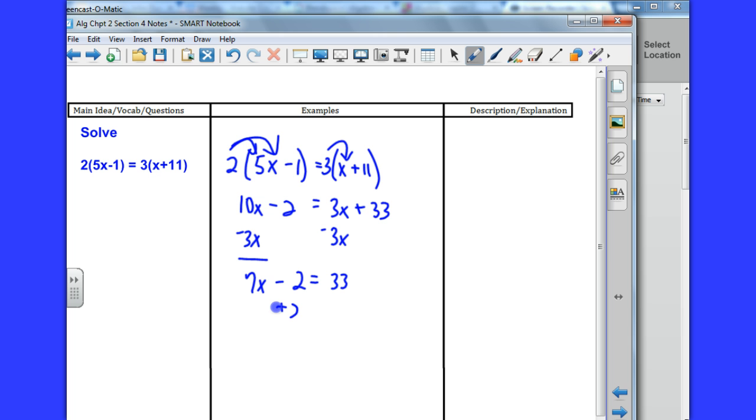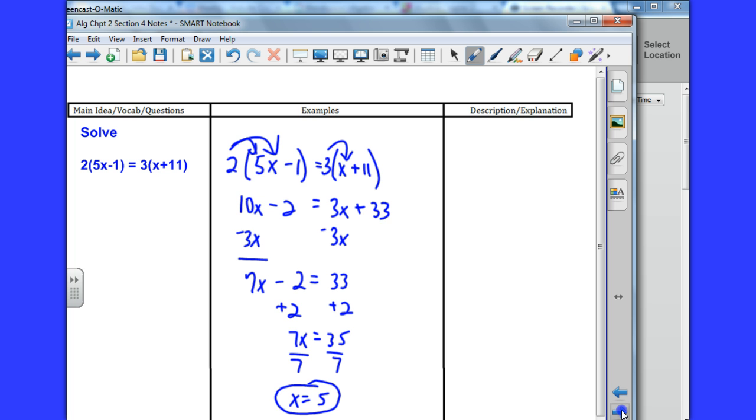I'm going to solve this by adding 2, and I'll have 7x equals 35. Divide by 7. X equals 5. If you want to check it, you can, but for the sake of time, I am going to just move on. But I'll tell you that's the right answer.